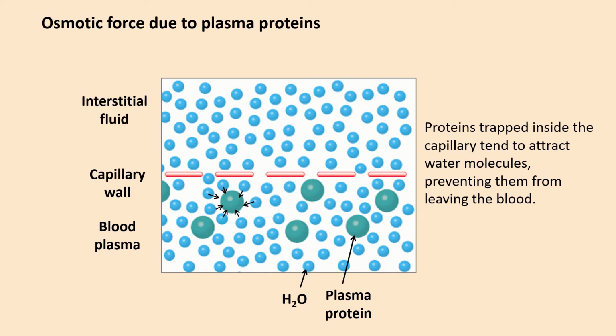And so these plasma proteins play an important role in limiting filtration and promoting absorption. Because they attract water molecules to them, they slow down the rate at which water leaves the capillary, and they increase the rate at which water enters the capillary. So they slow filtration and they enhance absorption.